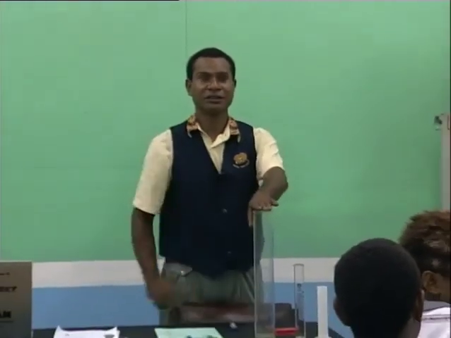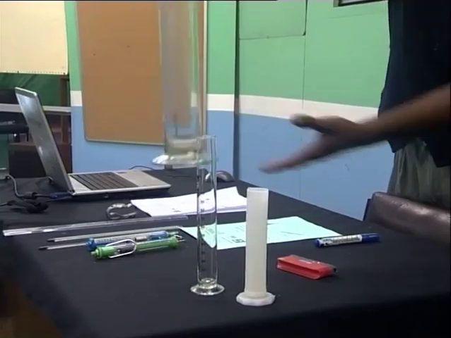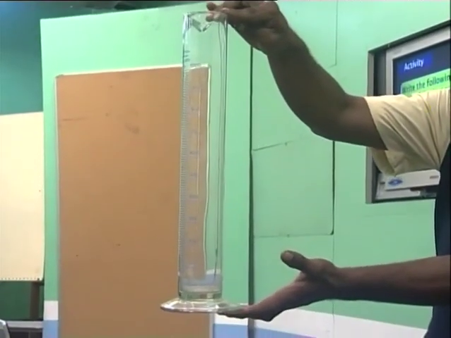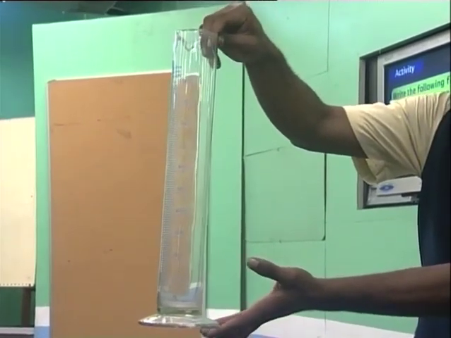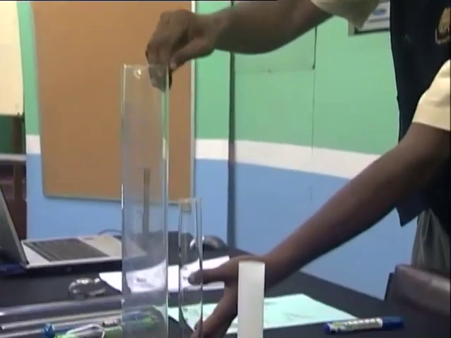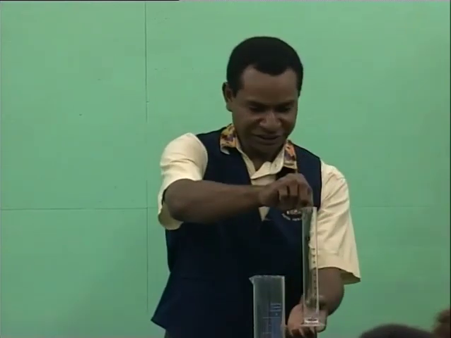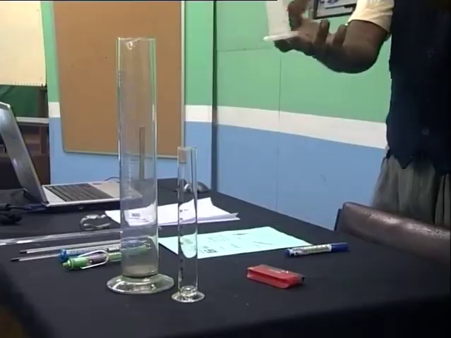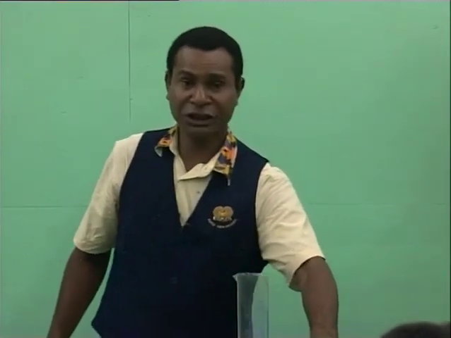Anyone would like to tell me what these instruments are? We have a large one, which is used to measure something. We have one of a medium size here, and a smaller one. What do you think this is?